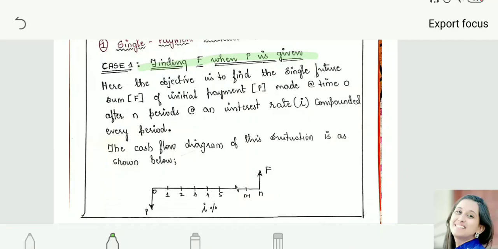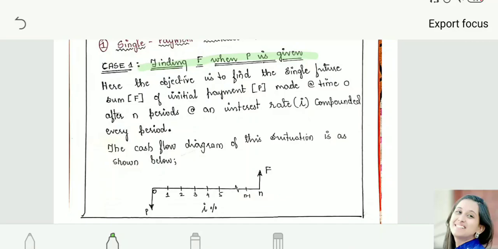Here, for example, if you want to find out how much the future amount will be for the present worth you are investing at a particular rate of interest, that is, for example, finding the compound amount of rupees X for 5 years at 8% compounded annually, how much will be the future cost with respect to the present worth?